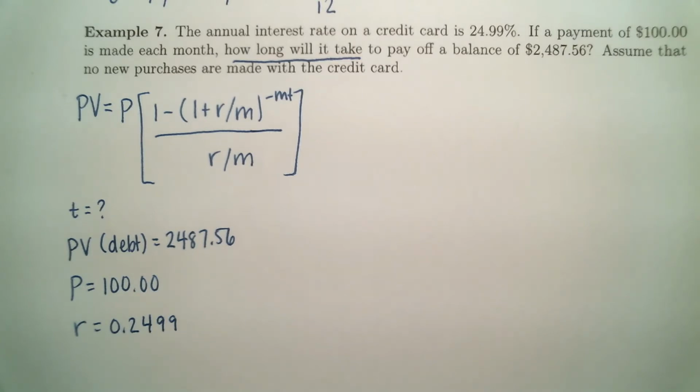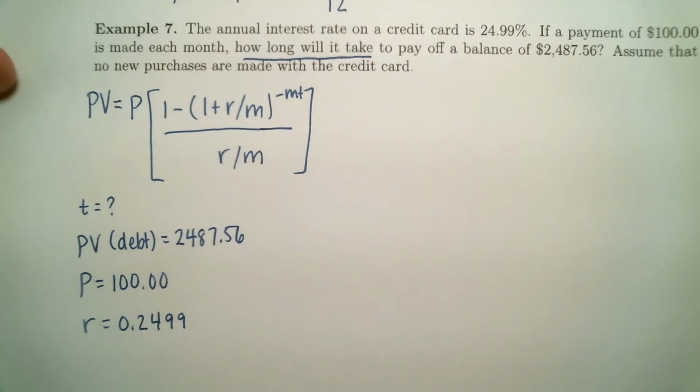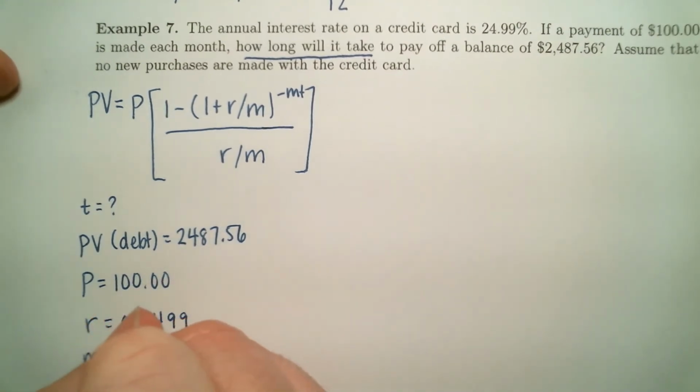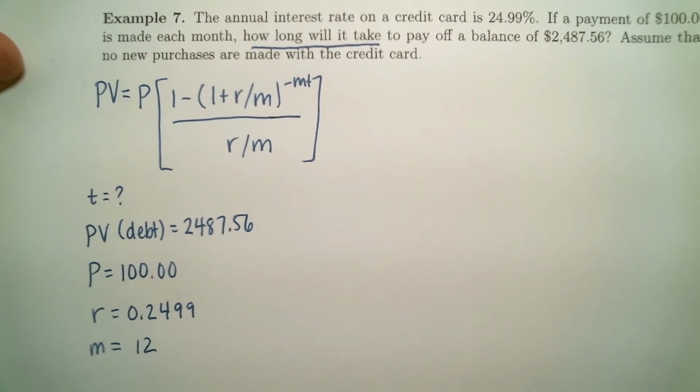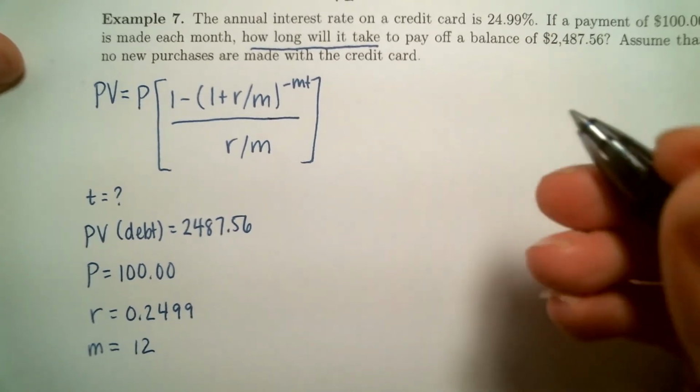Very realistic. And what else do we need? We are making payments every month, which coincides with how often the interest is compounded on the unpaid balance, so we're going to write that as 12. Let's plug all of this in, and then we will start solving for T.